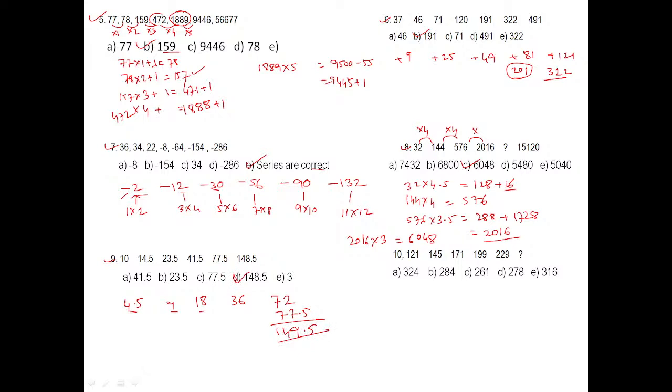Okay, moving to next. 121. Again take the difference here, because the difference is not that large. So first difference is 24. Okay, next is 26. Next is 28. While we are getting these 3 consecutive differences, with a second-level difference constant, that means 2, 2, 2, right? 24, 26, 28.